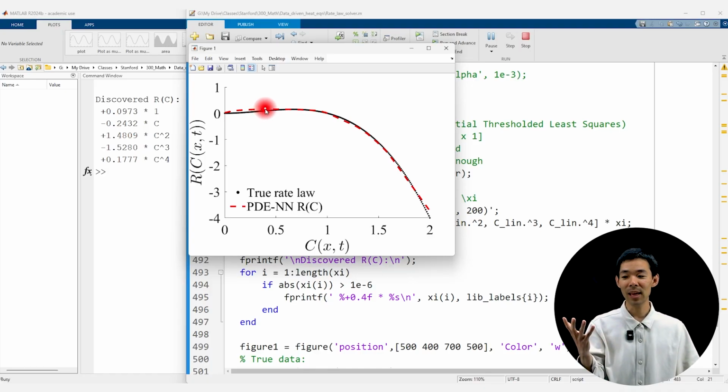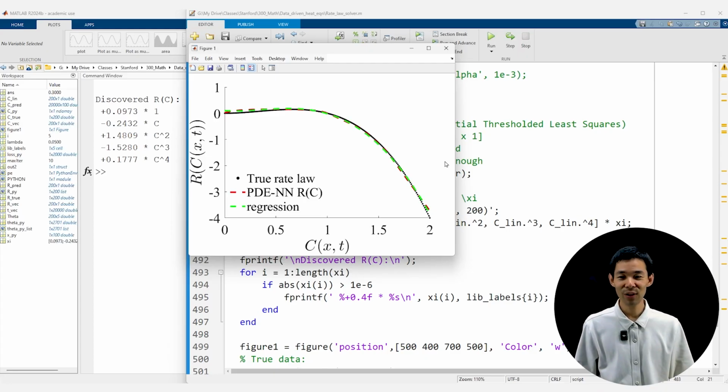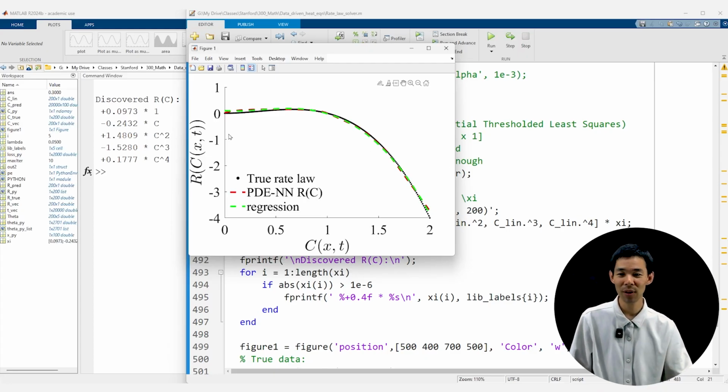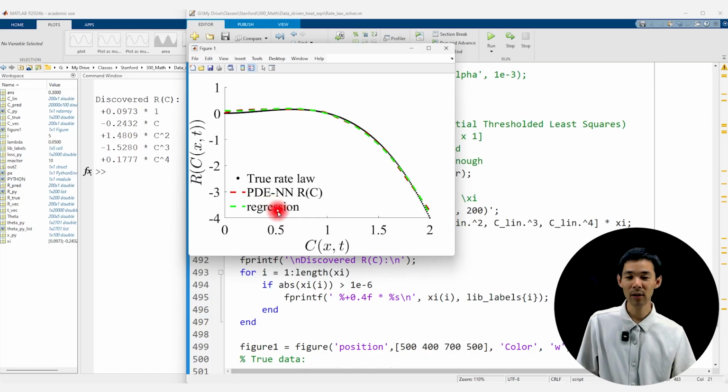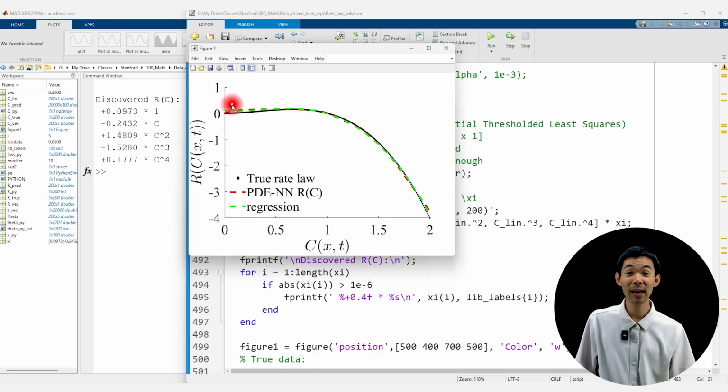So I'm taking the output from the neural network and doing sparse regression on that to see if I can make it interpretable. When I do, I get this green dashed line, which I call the regression. That's the sequential threshold least squares, and you can see it fits the red dashed line really accurately.